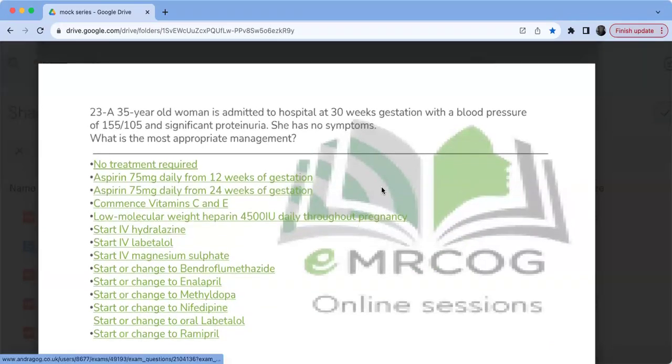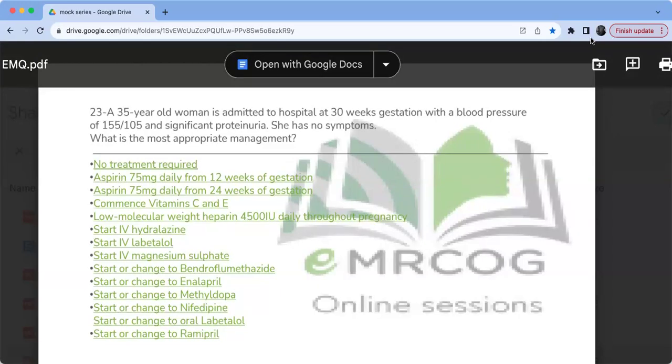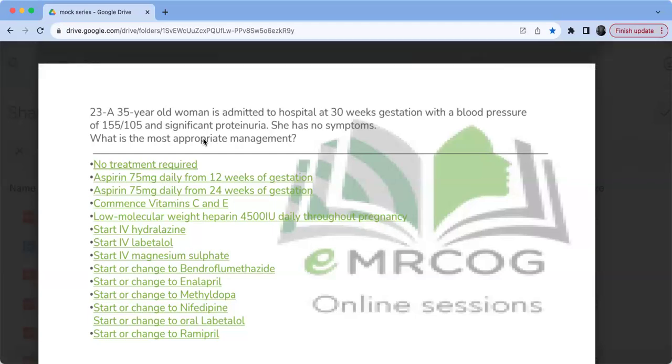Question 23: a 35-year-old woman is admitted to the hospital at 30 weeks of gestation with a blood pressure of 155 over 105. So she's hypertensive again, with significant proteinuria. That means she has preeclampsia. Is it mild to moderate or severe preeclampsia? The lady has no symptoms. What is the most appropriate management?